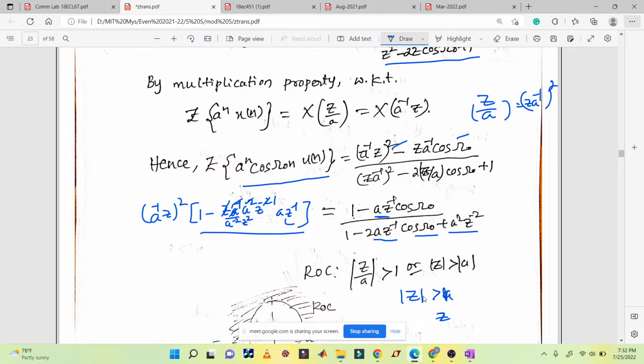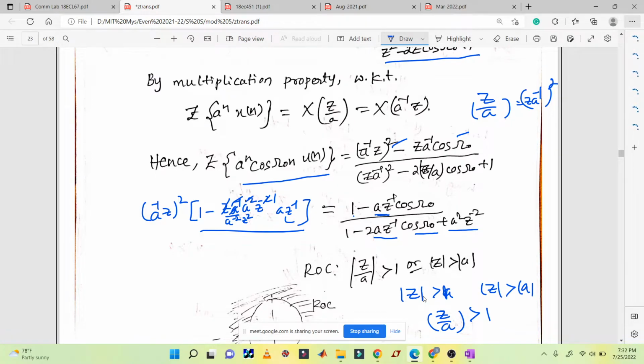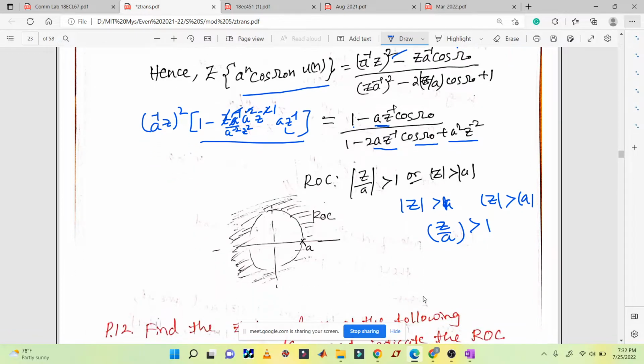Now replacing z by a, so it is greater than 1. That means ROC is magnitude of z greater than magnitude of a. So this is the ROC. If multiplication by this exponential was not there, then ROC is greater than 1. Now ROC is greater than a.